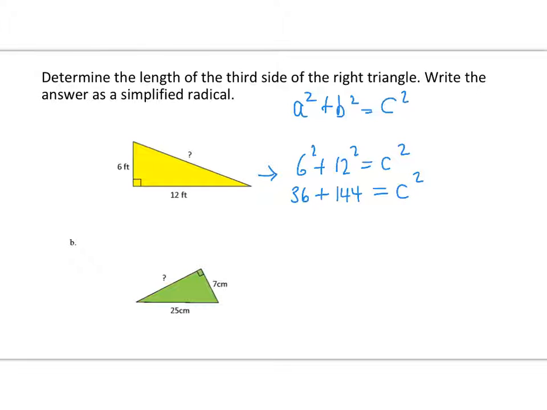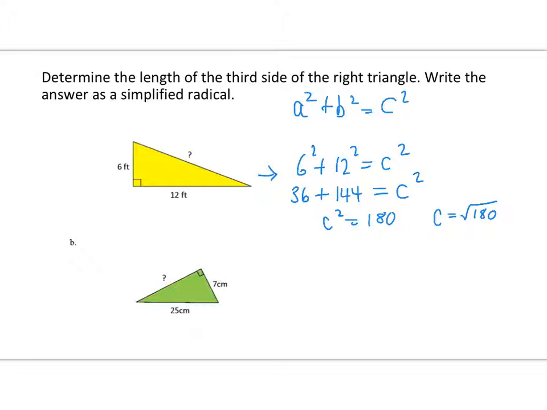In this particular case, we have c squared is equal to 180. And now when we take the square root of both sides, the negative square root doesn't work because it's a length. So we're left with c is equal to the square root of 180.